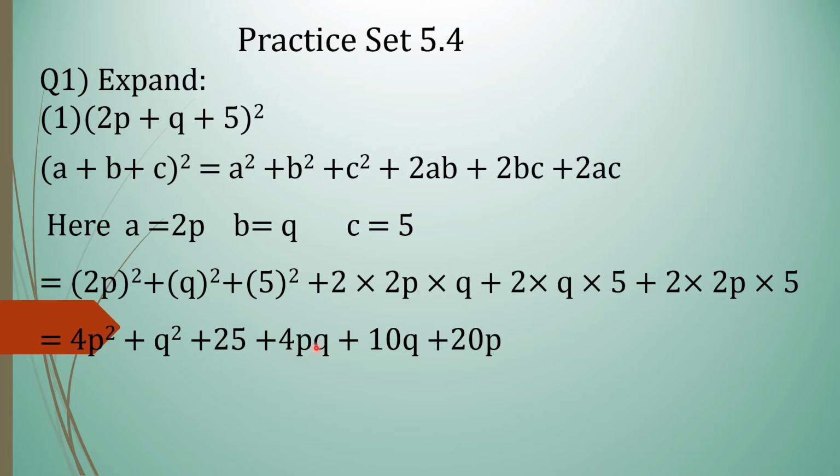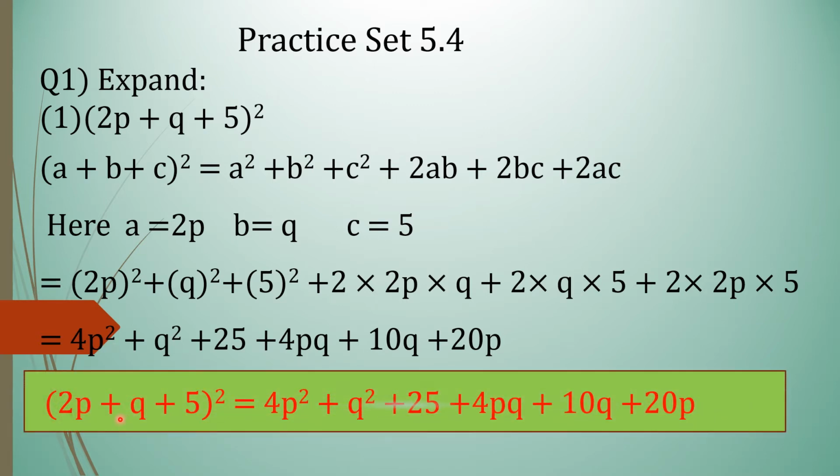So you'll write down 4p into q, you'll get pq, then plus sign, then here next 2 into q into 5 will multiply. So 2 into 5, 10, 10q you'll get here, then plus, then 2 into 2p into 5. So you'll multiply 2 2s are 4, 4 into 5, 20, you'll get 20 and p. So 20p. This is your answer.